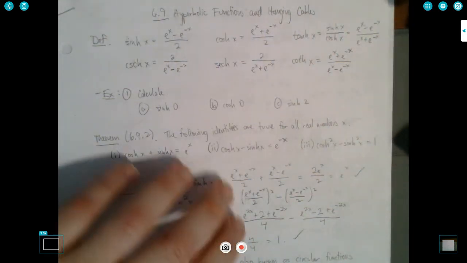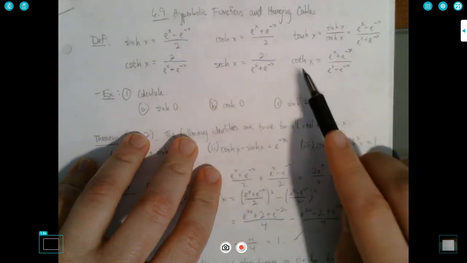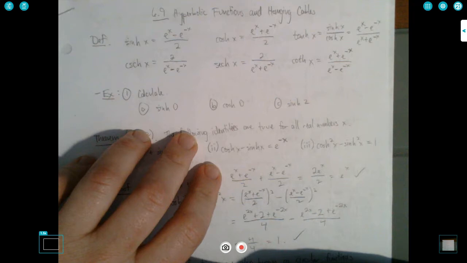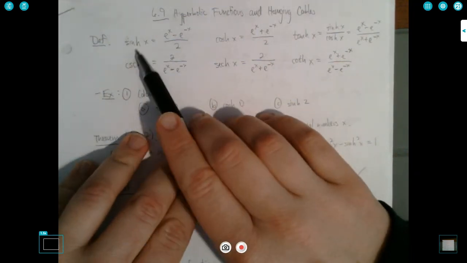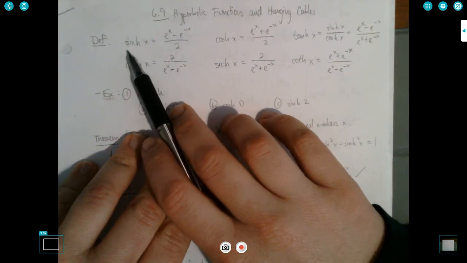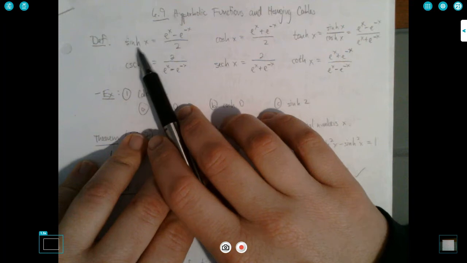Okay. So hyperbolic functions, you'll notice that they've got similar names to the trigonometric functions, and there are reasons for that we'll talk about in a second. This is the hyperbolic sine function, but for short we'll call it cinch, right?